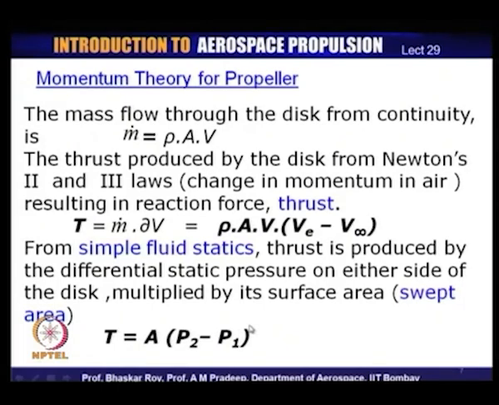So, the thrust can indeed be calculated by two different methods. One is the momentum method, and another is the pressure differential method using the pressure differential across the disk.